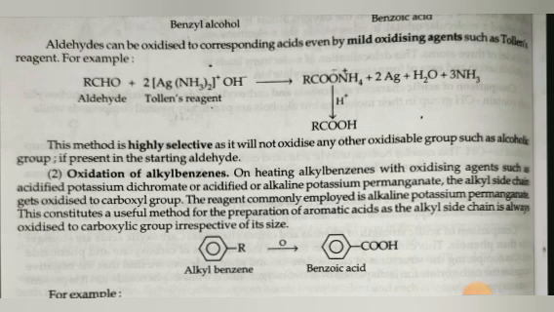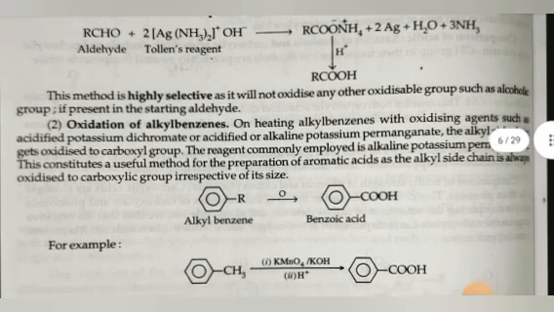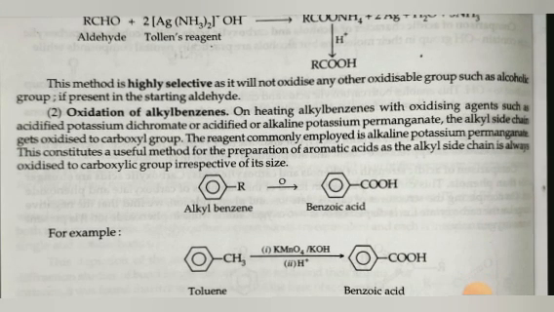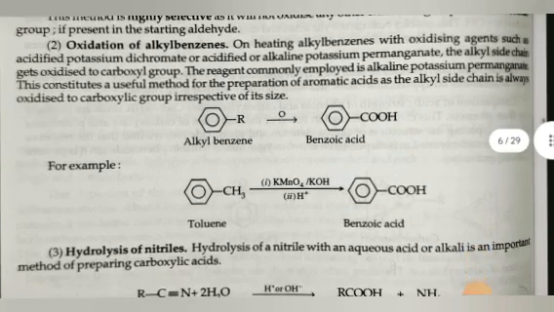For example, aldehyde plus Tollens reagent gives RC(=O)O- NH4+ plus 2Ag plus H2O plus 3NH3. On further reaction of RC(=O)O- NH4+ with H+ ion, it gives carboxylic acid. This method is highly selective as it would not oxidize any other oxidizable group, such as an alcoholic group, if present in the starting aldehyde.